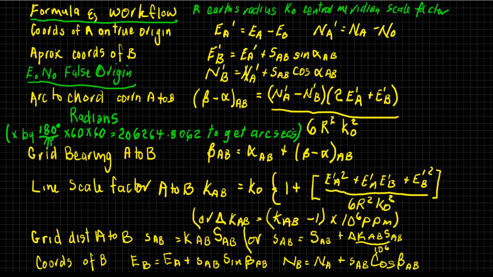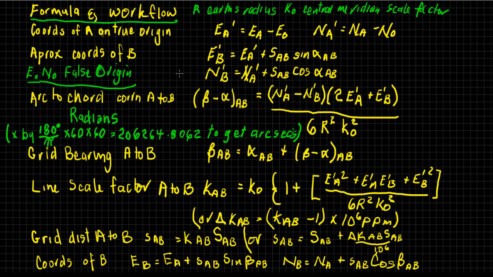And then we're going to work out the approximate coordinates of B. All we need to do there is the easting of B is equal to the easting of A plus the elliptical distance that we measure times the sine of the elliptical bearing. And similarly in the northings, same thing goes.